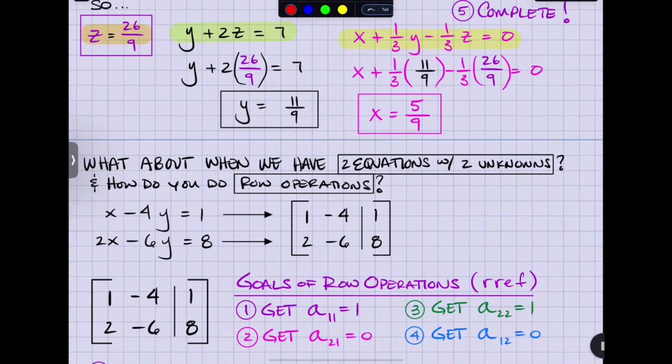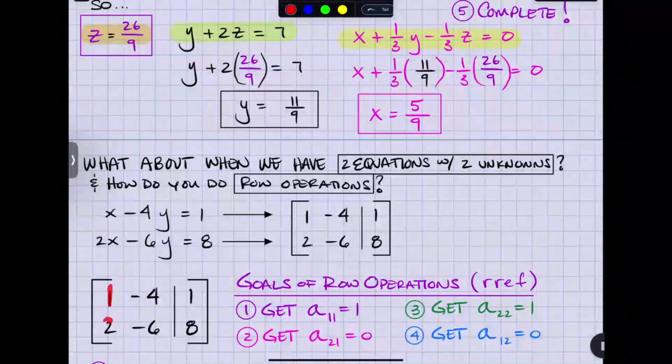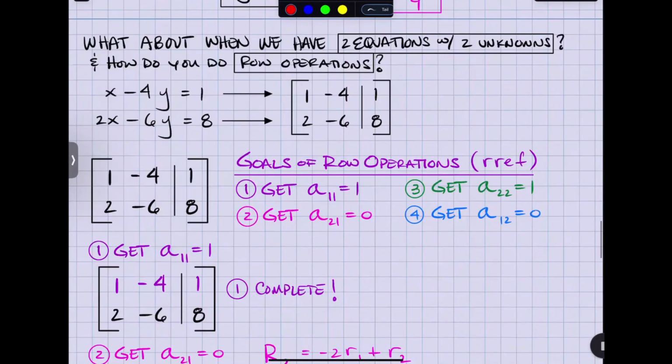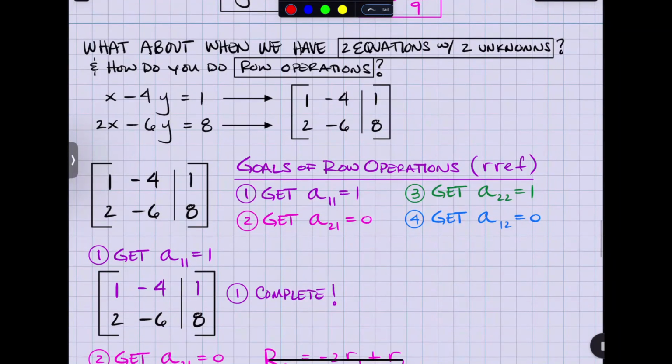So that means I want to get this a 1, this a 0, this a 1, then this a 0. Everybody see that? This is already a 1, which is great. So we just got to get this a 0, and then make this a 1, and then make this a 0. So you want to try to do that with this one? See if you can do it with the row operations.